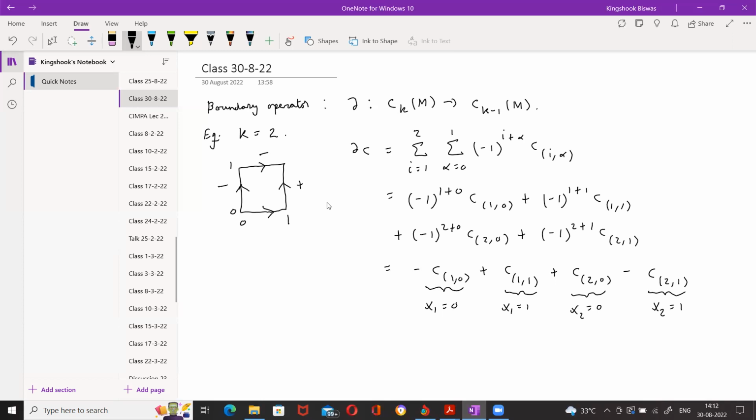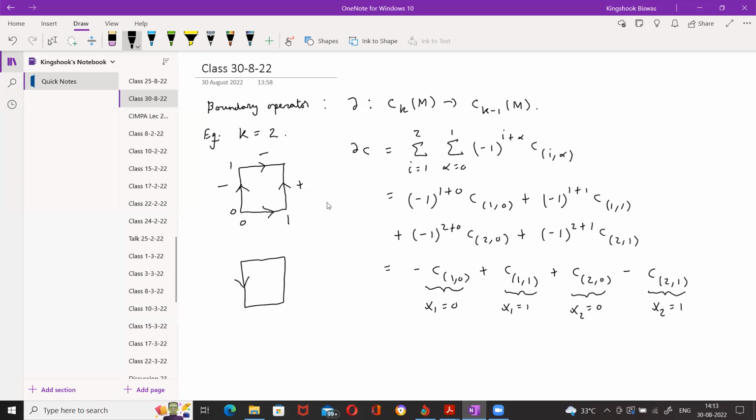So if this side, for example, comes with a minus sign, integrating a one form over this with a minus sign is the same as integrating over this side with the opposite orientation, right?